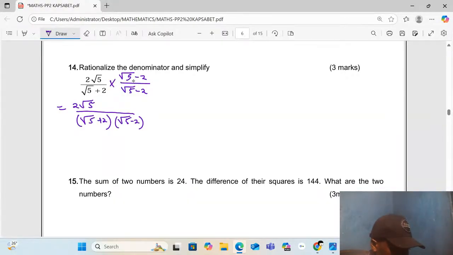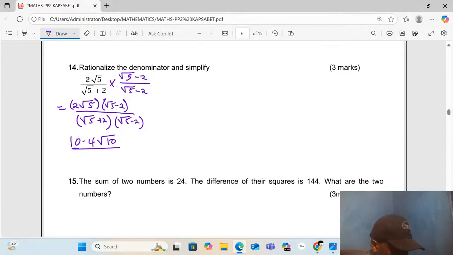Then the numerator, it is 2 root 5 times root 5 minus 2. So we multiply each. So we're going to have 10 minus 4 root 5.